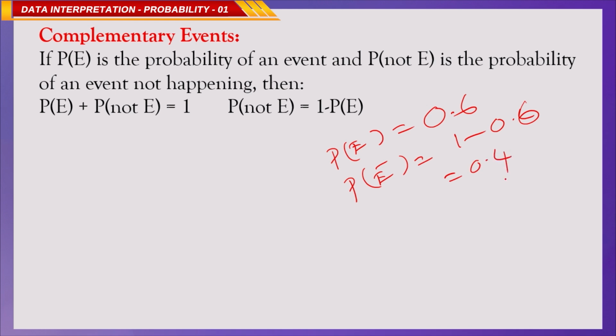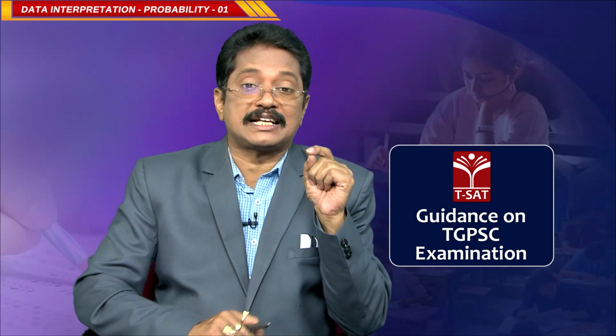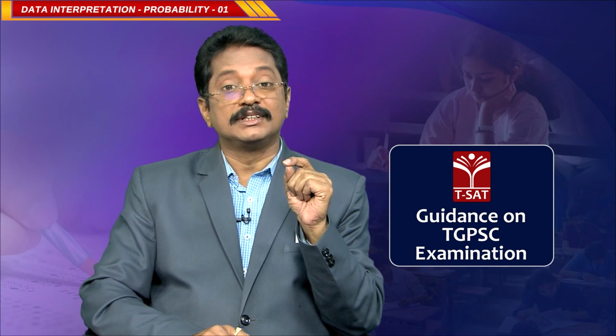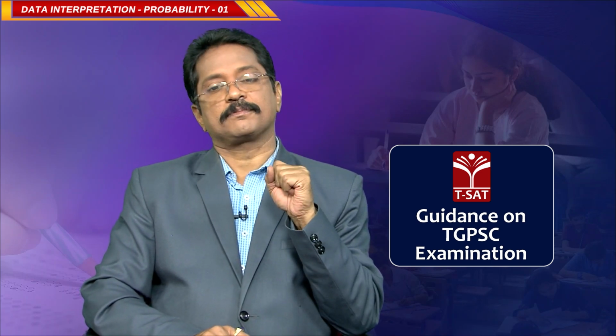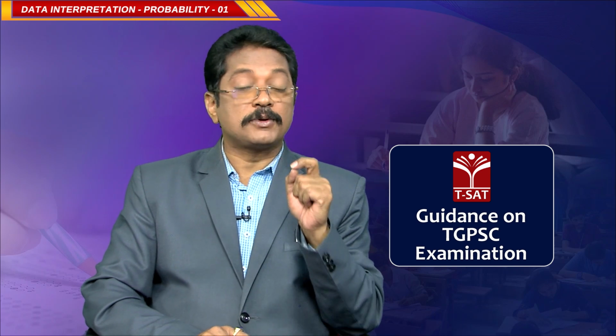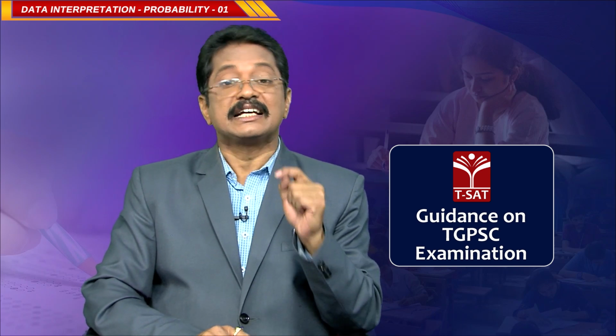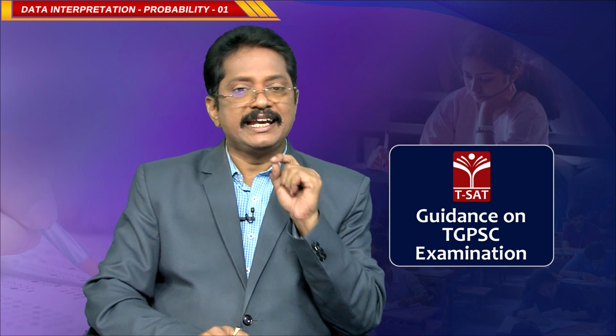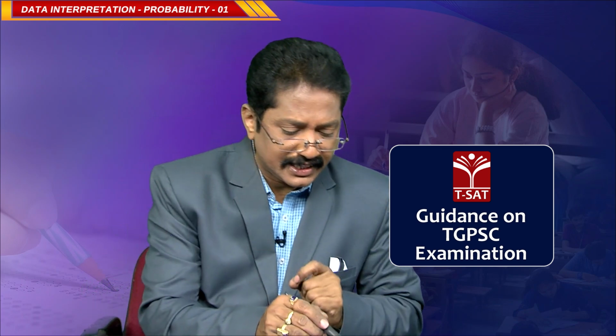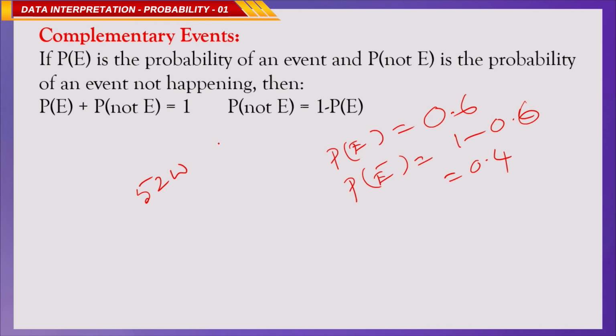Here I will ask a very interesting question which is asked in this topic. What is the probability of getting 54 Sundays in a leap year? 54 Sundays in a leap year, that is the question. So, in a leap year, there are 52 weeks and 1 extra day, correct?